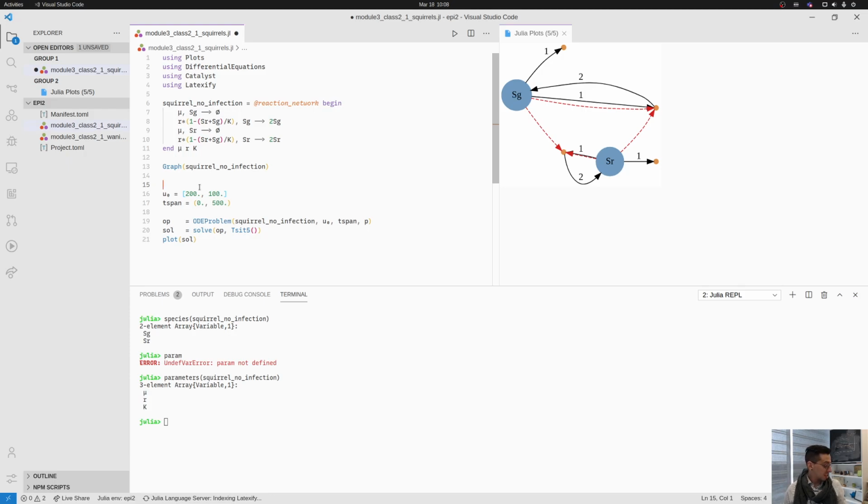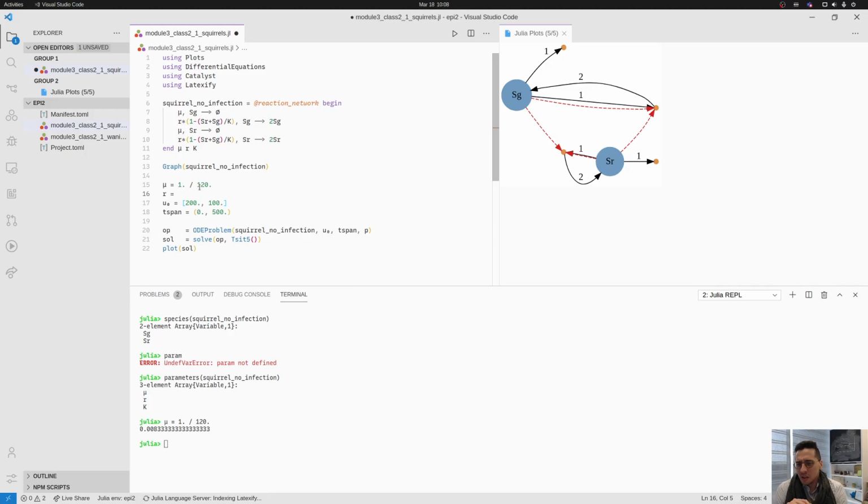I don't know how long squirrels live, but I think I tried with a value of, let me check, 10 years. So mu is going to be 1 over 120. We're going to use months again.